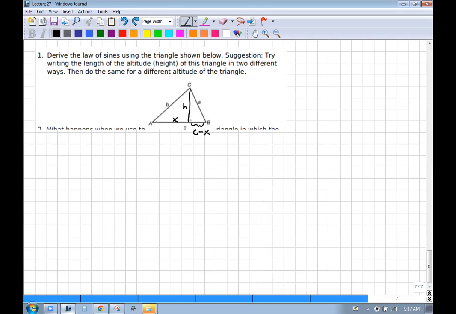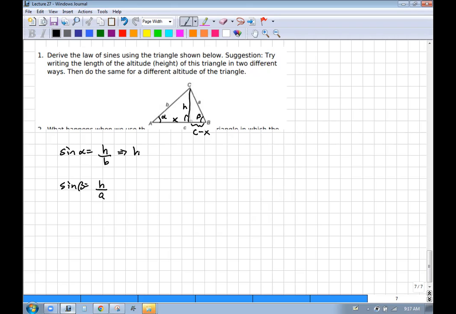Let's say this is alpha and this is beta. Looking at this right triangle, since we're trying to get the law of sines, let's use sine here. Sine of alpha is opposite over hypotenuse. We do the same thing over here with beta: sine beta is opposite over hypotenuse.